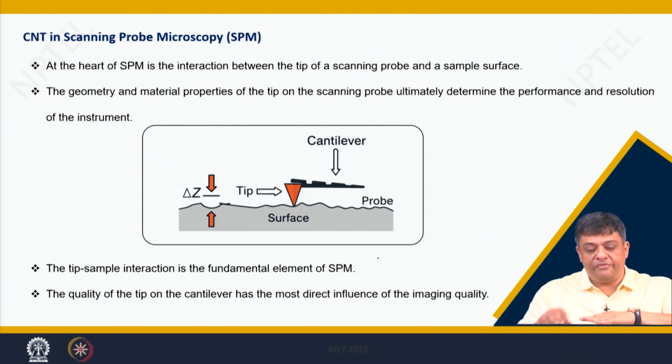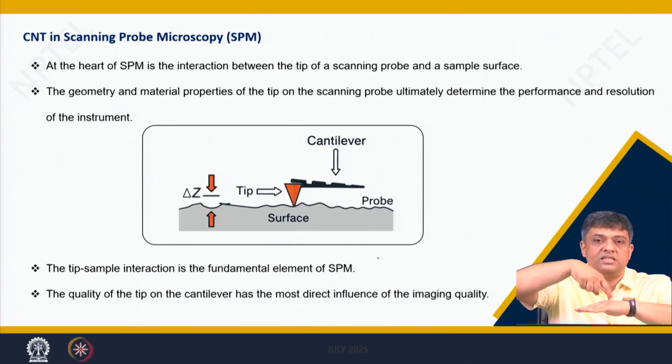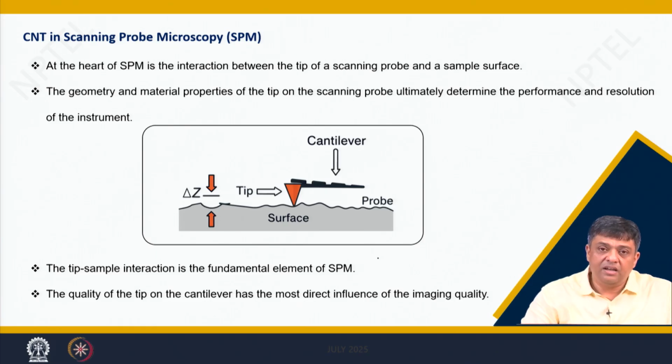Now, if this is the surface, I have to scan the surface and then move along, and as the morphology of the surface changes, that signal, if it is collected, would give me the answer to how the surface is showing different kinds of roughness or how smooth the surface is.